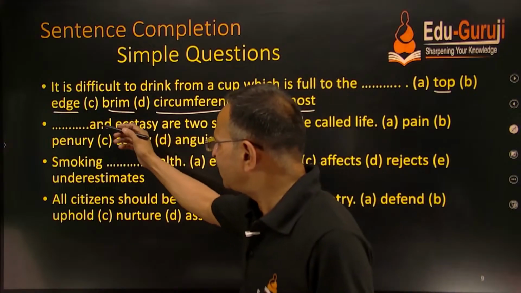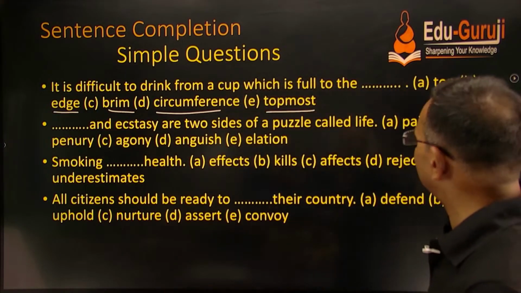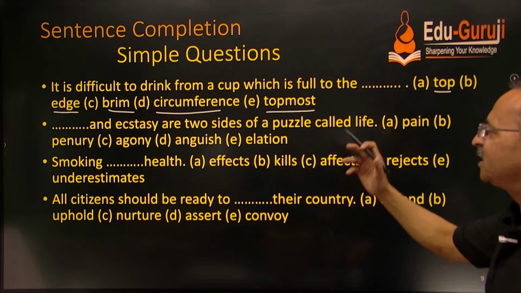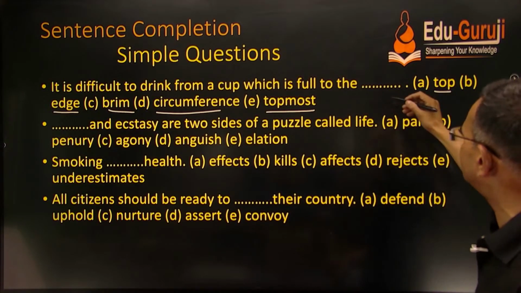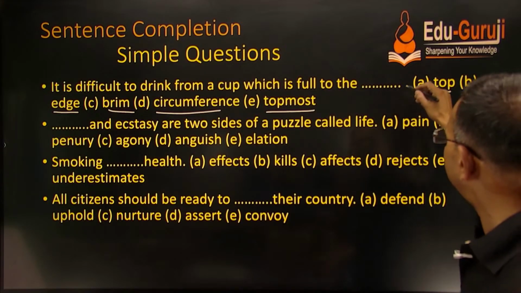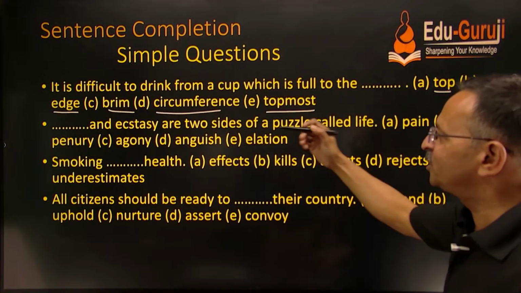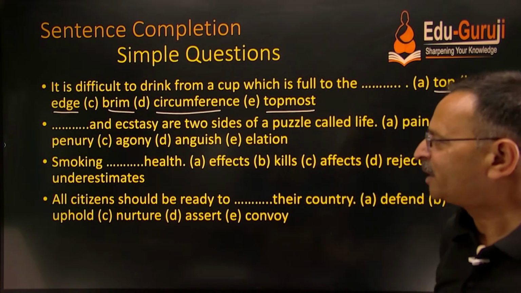Of course, we have an edge also, and then you have the top. So if you look at these questions, it is difficult to drink from a cup which is full to the top. Then second would be that which is full to the edge, and then we have a brim.